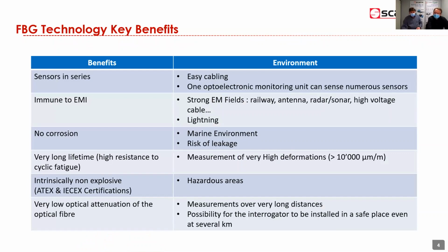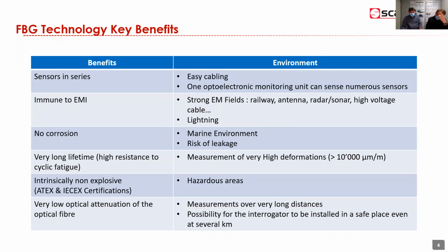So now the main benefits of this technology. Sensors in series, as I mentioned, is very helpful for easier cabling. If you have 10, 15 sensors in series on one cable, in the end you have only one connector to plug to the interrogator. So you have much fewer cables, fewer cabling problems, and of course lower cost.